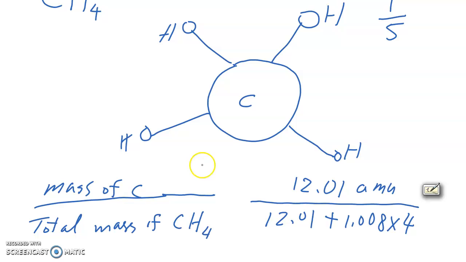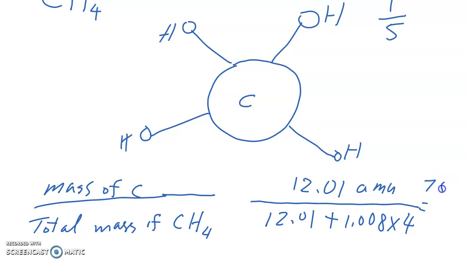So let's do the calculation and see what we get. It will be equal to 12.01 divided by 12.01 plus 1.008 times 4. So I get about 75% is carbon by weight.